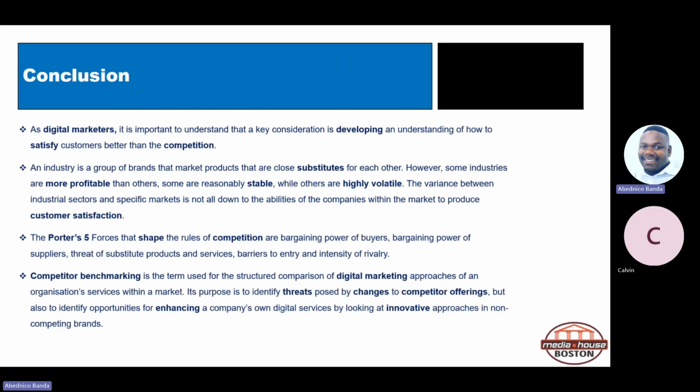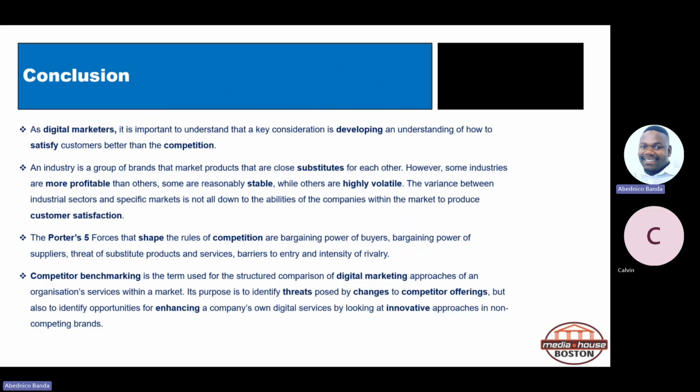So in conclusion, as digital marketers, it is important to understand that a key consideration is developing an understanding of how to satisfy your customers better than your competitor. And you need to understand that the five Porter's forces shape the rules of competition, and always try by all means to have these rules of competition to your competitive advantage, and always have some sort of competitor benchmarking where you are assessing your company's capabilities with the industry.